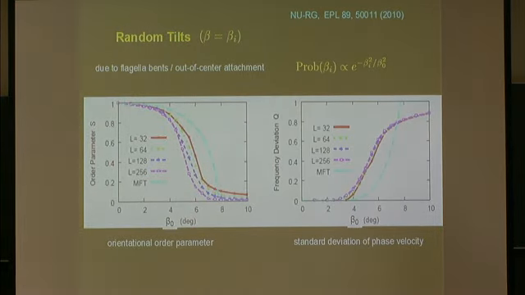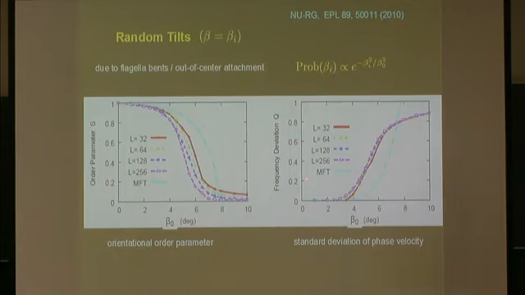And this shows the orientational order parameter as a function of the randomness, beta naught. We find a gradual decay of the order parameter, and the different colors correspond to different system sizes. The blue line shows the mean field theory. I will come back to this theory later. But the mean field theory expects a second order type sharp phase transition. What we have is a smooth decay of the order parameter. The right panel shows the standard deviation of the phase velocity.